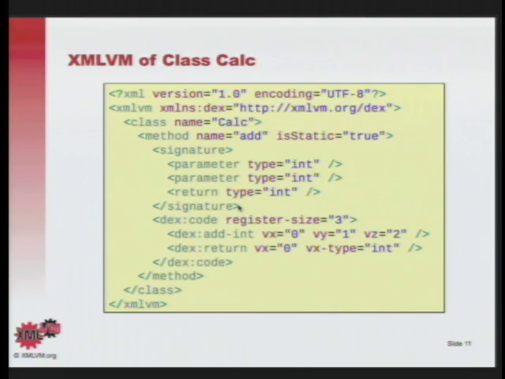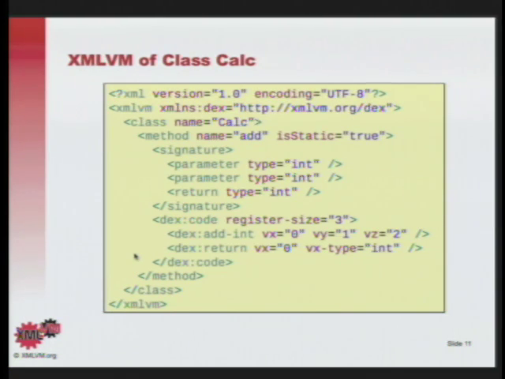You have a signature, so you can clearly see that this method takes two integers as input and returns one int as a result. And then most importantly, down here in the code tag, you have the DEX instructions that make up the implementation of method add by means of Dalvik instructions.